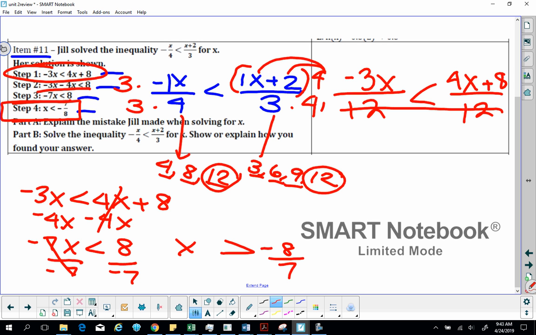You're going to have to explain all the steps are correct, but then when we divide by negative 7, the inequality sign's going to flip because we're dividing by a negative. They divided by 8 instead of negative 7, and that's why they got that answer. Like you're going to have to be able to explain that. Does that make sense?